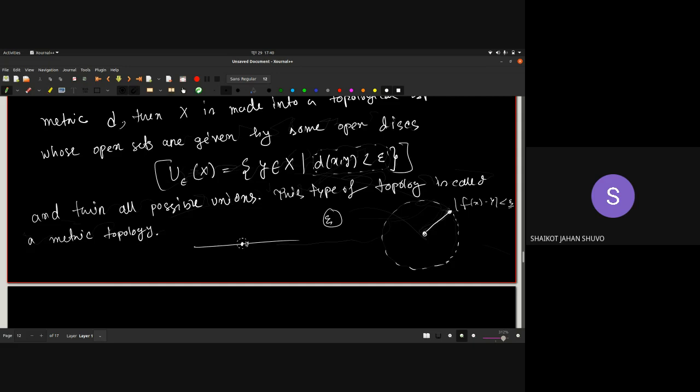You have a collection of open disks, and they're the thing that lets you define your topology, or so to say the metric topology. They are your open sets for this topology. In fact, if I remember correctly, these are your bases. For a topology, you can go on and define some basis of topology as well, but we're not discussing that here.